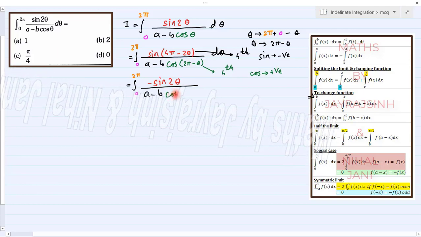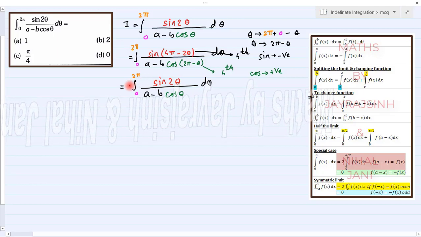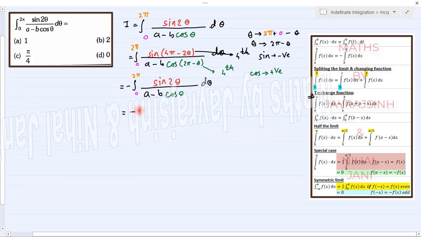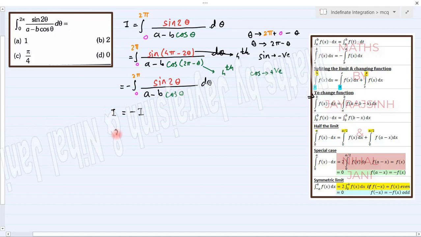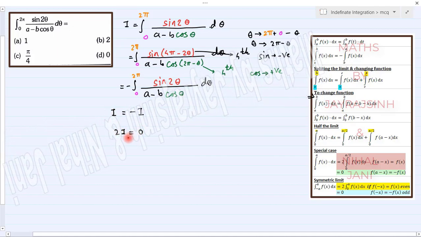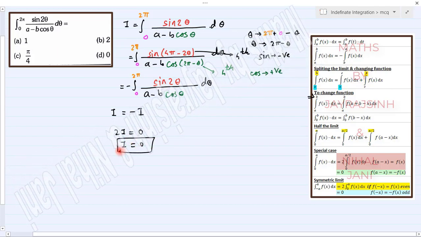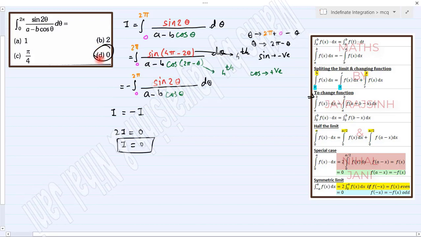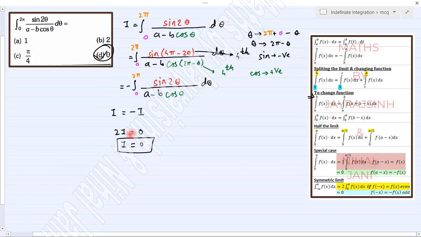So this will be simply cos theta. If we take this negative sign out of the integration, we will get minus I. So here we have I is equal to minus I, or we can say 2I equals 0, which will give us I is equal to 0, which is given in option D. Ta-da!